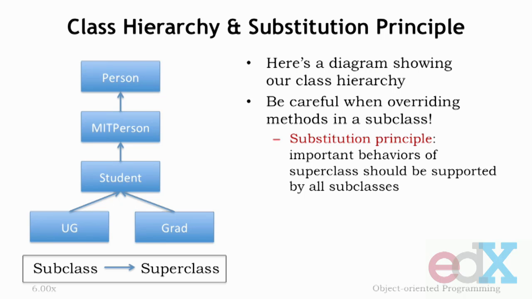So, for example, if I change the getAge method on students so that it returned the number of years they've been at the institution rather than their chronological age, and then I tried to use a student in my code that made a histogram of chronological ages, that would break, because now getAge means something different for a member of the subclass of person, in fact, the student subclass.